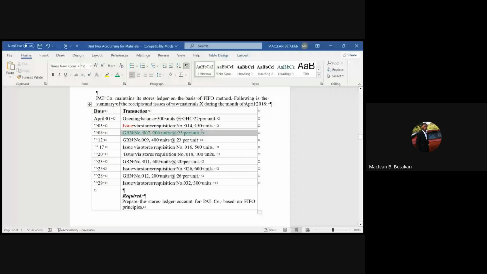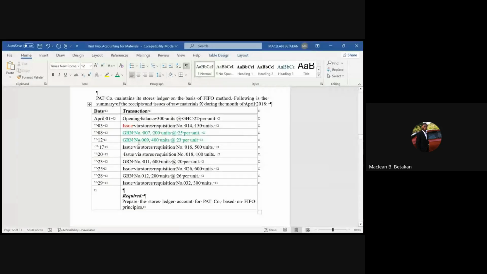And here, issue: they are issuing it to the production department, right? So those are the differences. So this is also issue and receipts. And so you can now know which one is receipt, which one is issue.